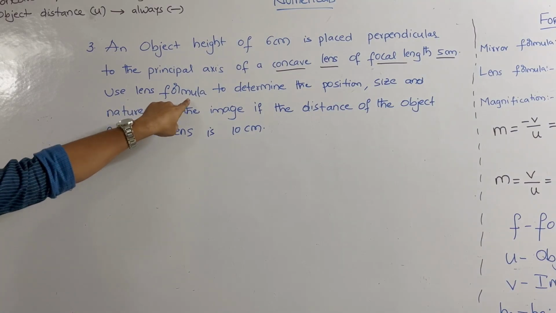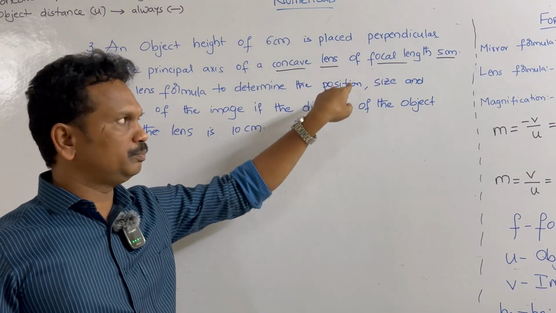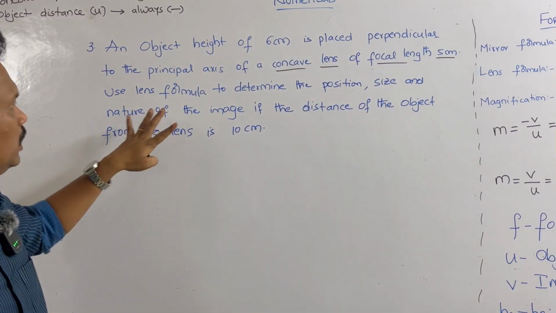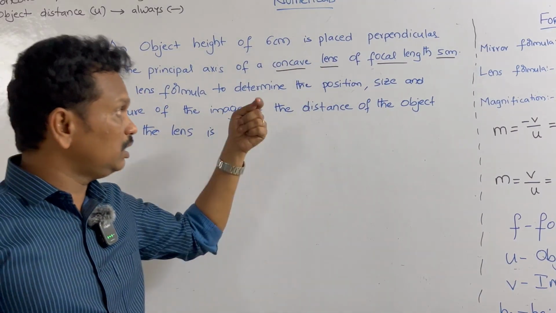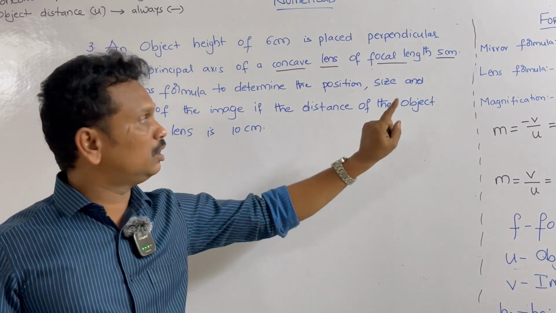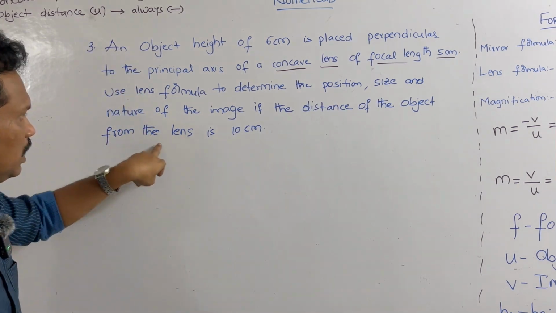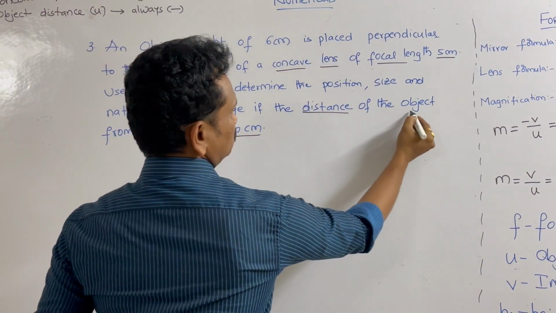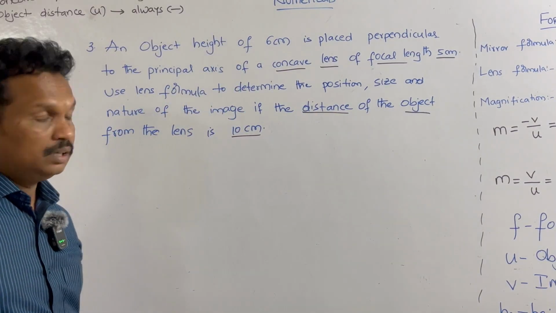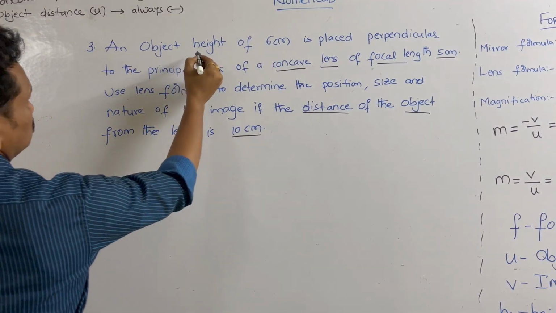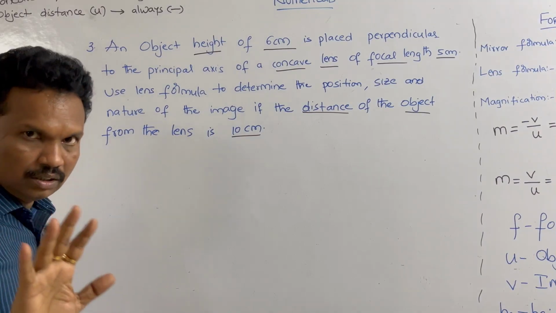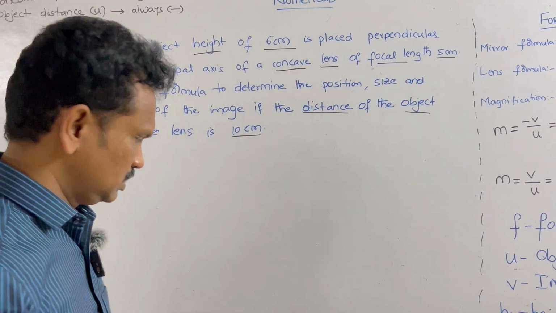Use the lens formula to determine the position, size and nature of the image if the distance of the object from the lens is 10 centimeters. Right. But what is this one? Object height. That is not object distance.